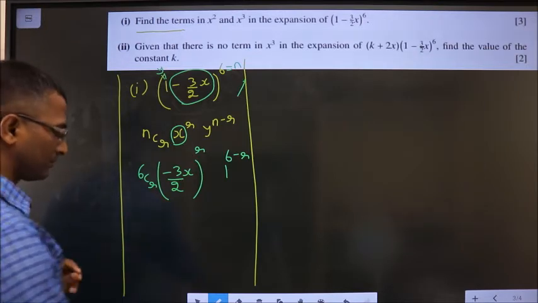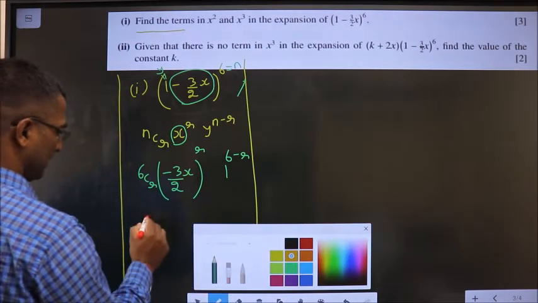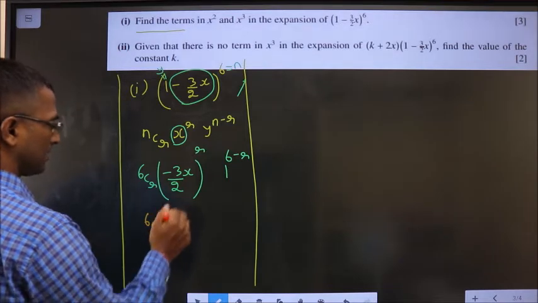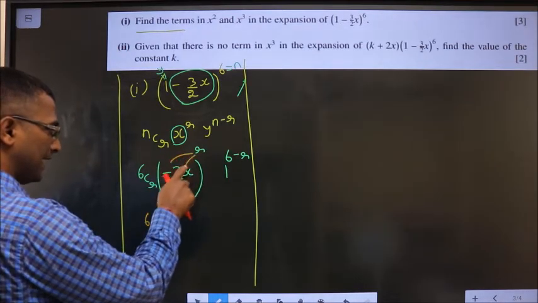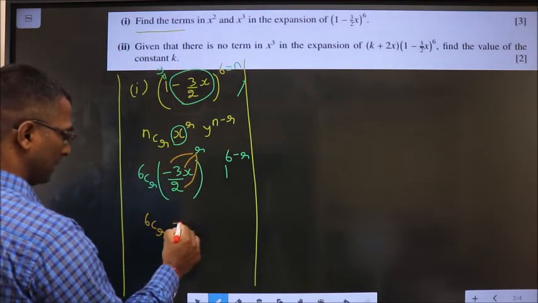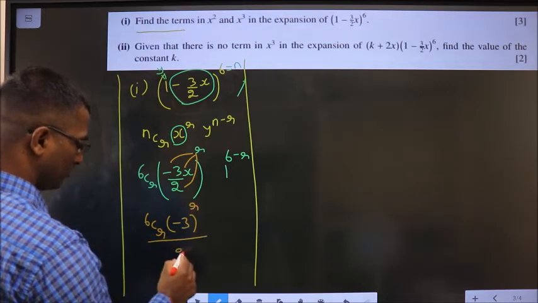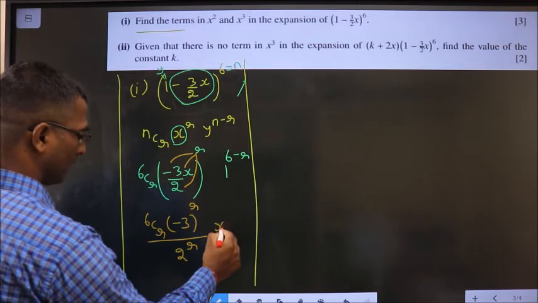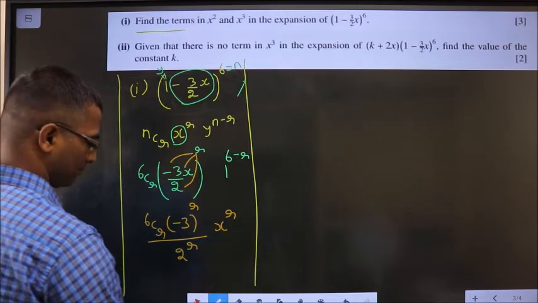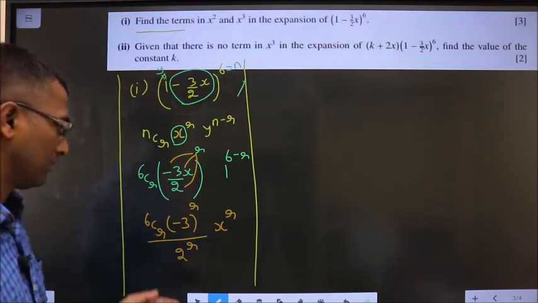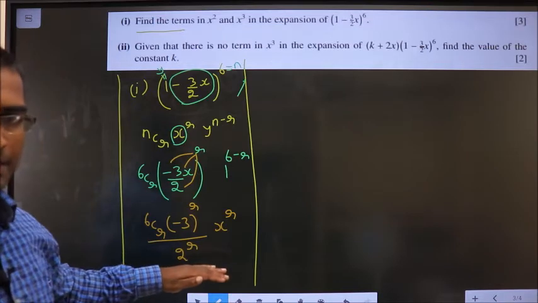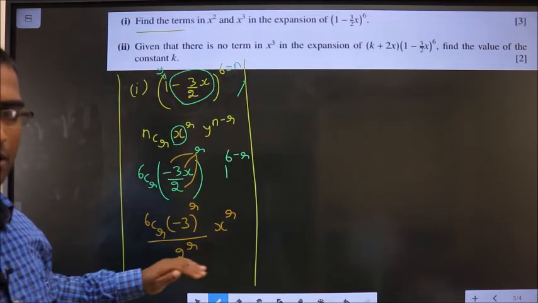See here. 6Cr, no change. Apply the power to each here. So that will be minus 3 power r by 2 power r x power r. Okay. Now this term cannot be simplified any further, so I stop.